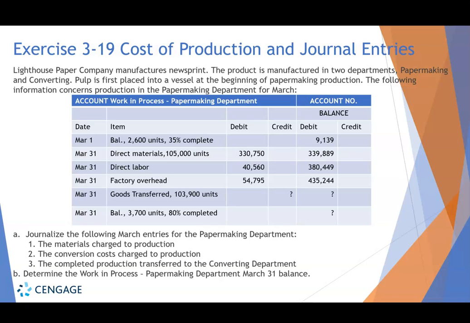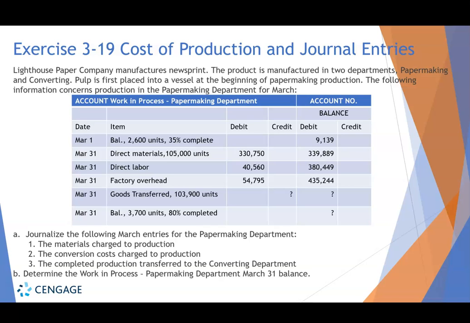Pulp is first placed in a vessel at the beginning of the paper making production, and the following information shows the production in the paper making department. So what we began the period with, what we added in materials, labor, factory overhead, what was transferred out, and what was still on hand at the end of the period.